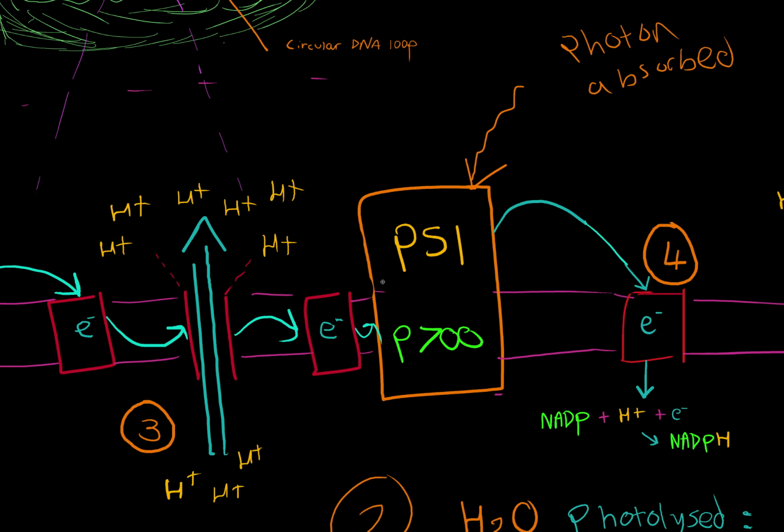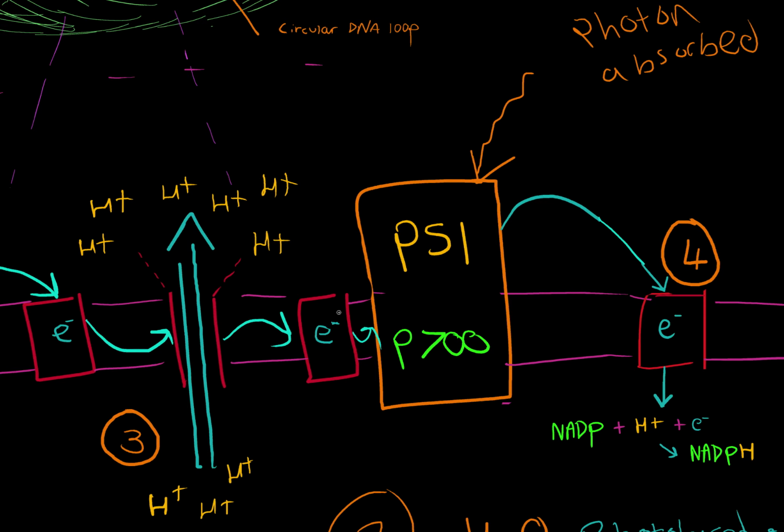The electrons in the electron transport chain have basically all built up at PS1, and the transport chain cannot continue until a PS1 electron is released, because the PS2 electrons have all built up here, but like a traffic jam, they're waiting for PS1 electrons to be released so that the final stage can occur.